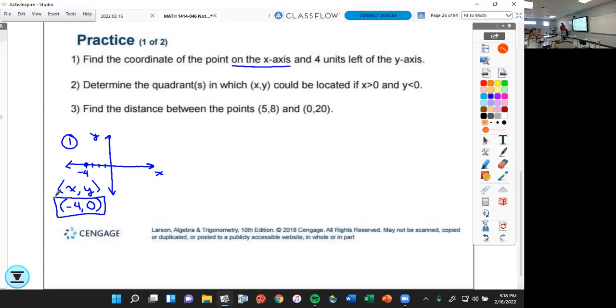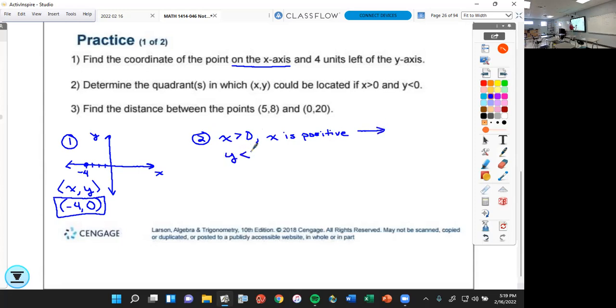Number 2, determine the quadrant or quadrants in which x, y could be located if x is greater than 0 and y is less than 0. Well, if x is greater than 0, that means that x is positive. x is our horizontal distance, and positive is to the right.